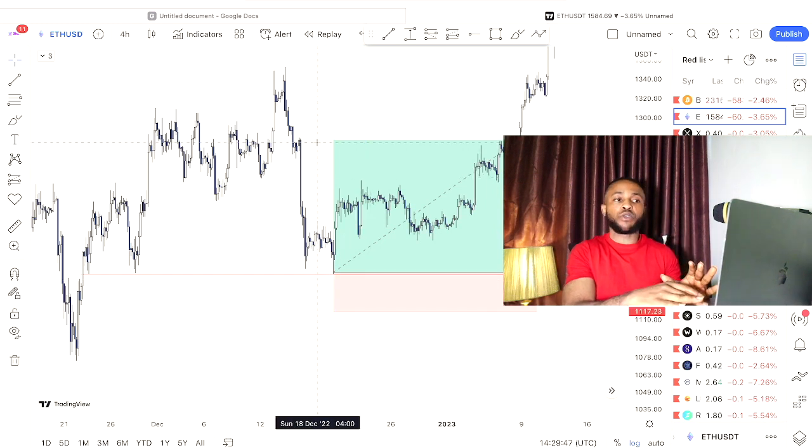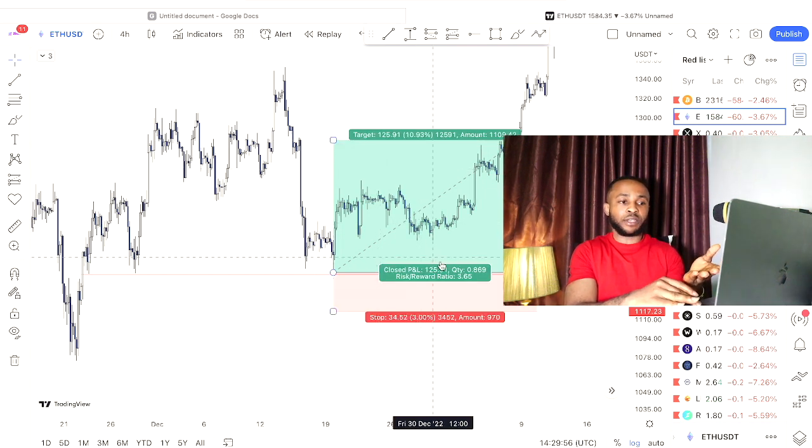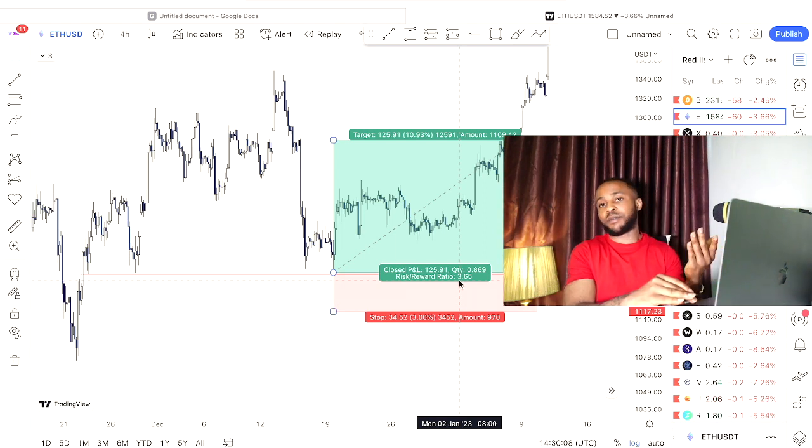But if the trade is going in my favor and it gets to 1,277, then I will have made profits. I actually took this trade and the trade was at around 3.6. As you can see here, we have 3.6, meaning that when I won the trade, I made 3.5 times the amount I risked.